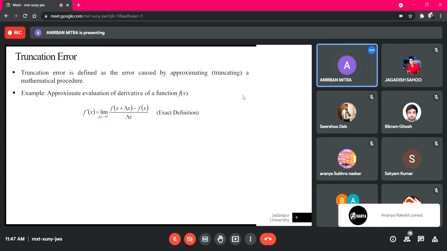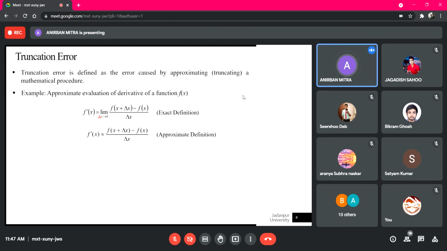This is the first derivative. But this formula can also be approximated like this. So f dash x is approximately equal to f of x plus delta x minus f(x) whole divided by delta x, where this delta x is a very small quantity.